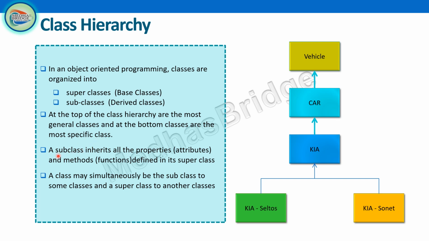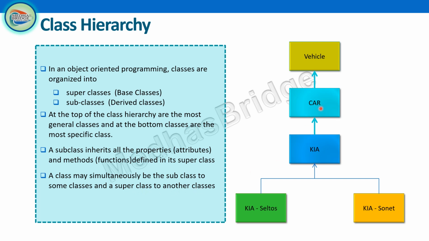A subclass inherits all the properties, such as attributes and methods, known as functions, defined in its superclass. All the attributes and methods of a superclass can be inherited into a subclass. A class may simultaneously be a subclass to some classes and a superclass to other classes.